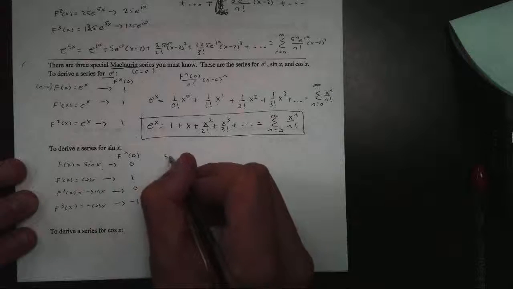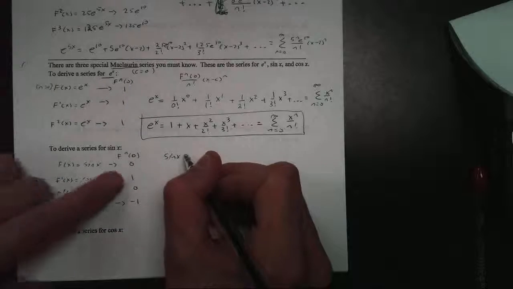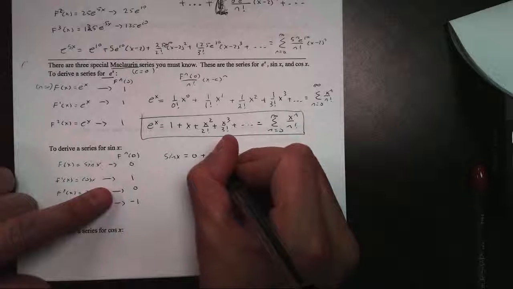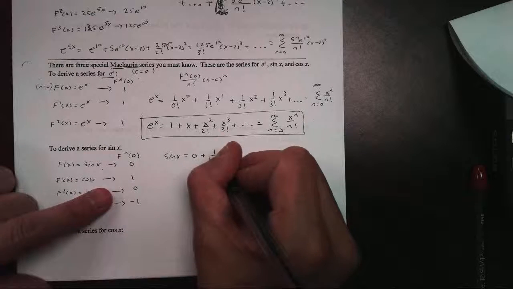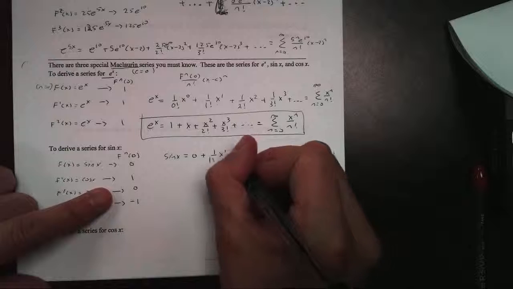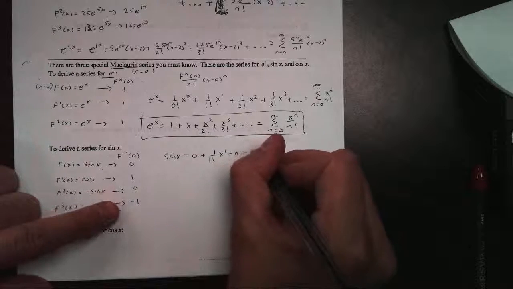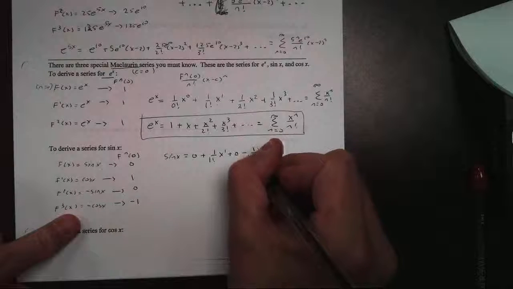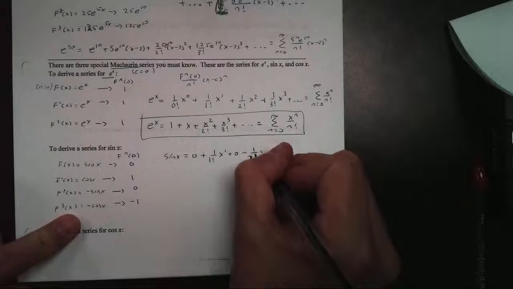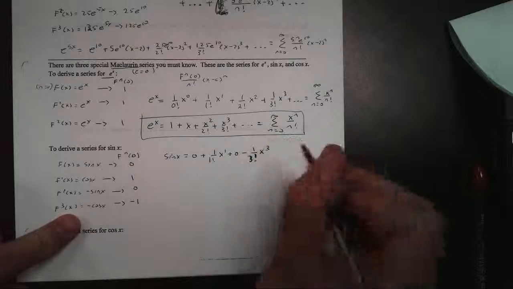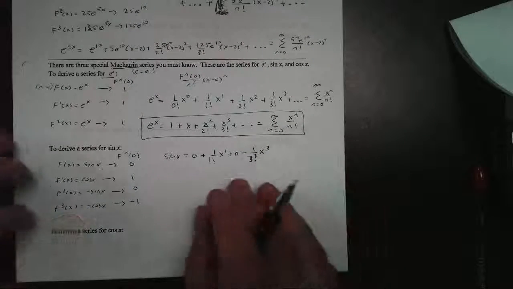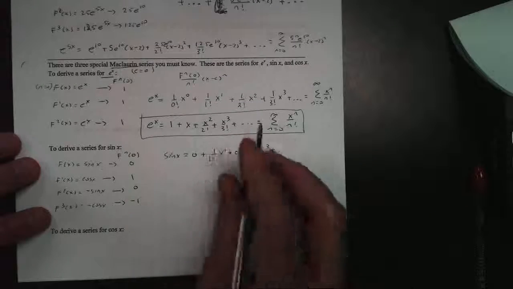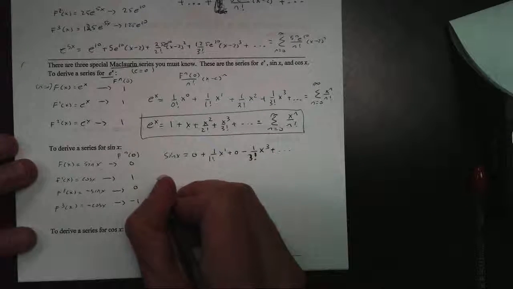So if I want to write sine of x, I could write this as 0 plus, be careful, 1 over 1 factorial x to the first plus 0 minus, be careful, 1 over 3 factorial x to the third. Now I'm going to clean this up a little bit. It does go on forever and ever, but I'm going to make it look a little bit nicer so we can see a pattern.